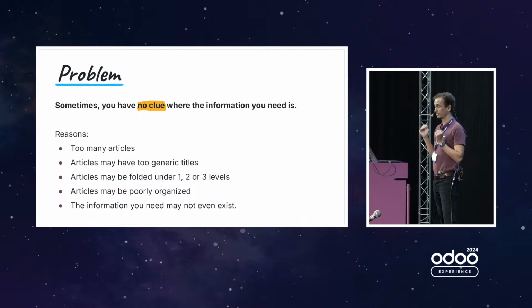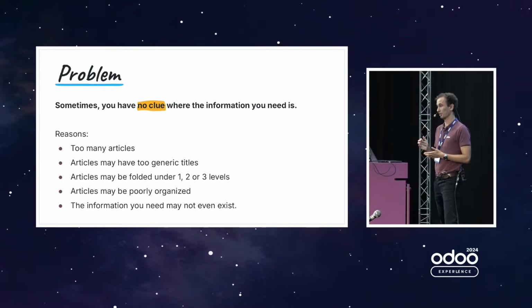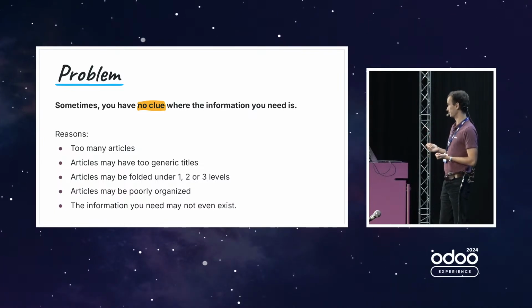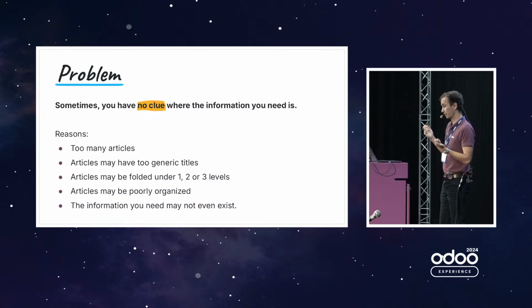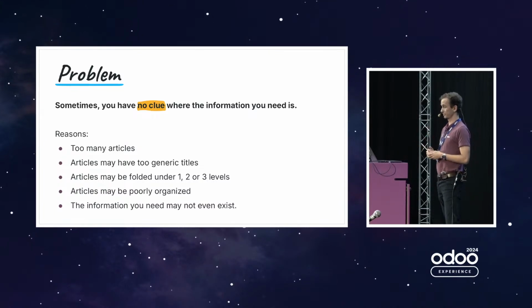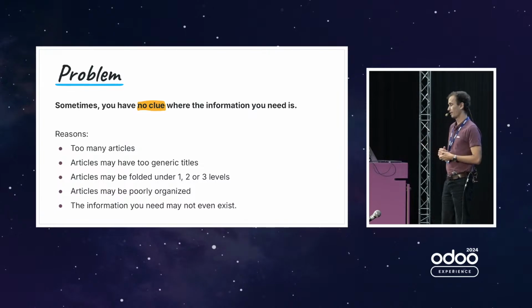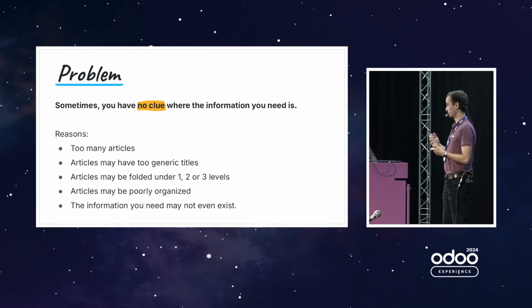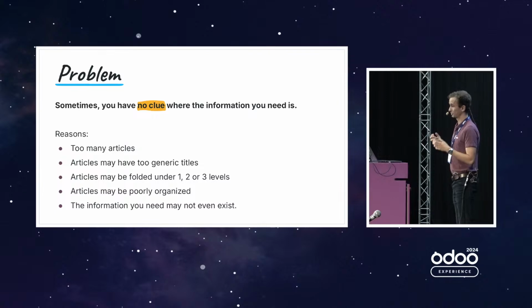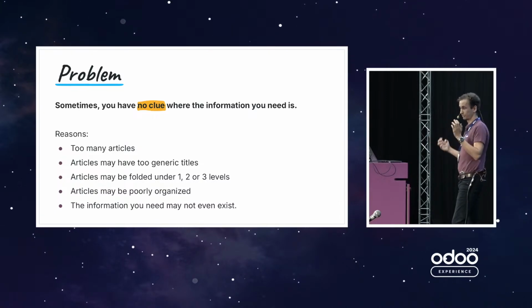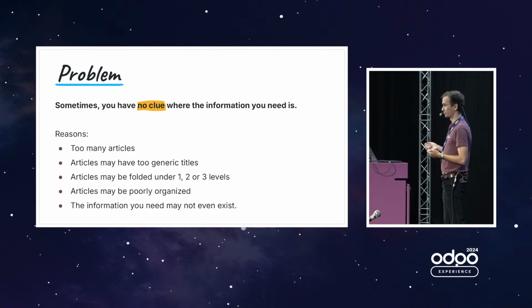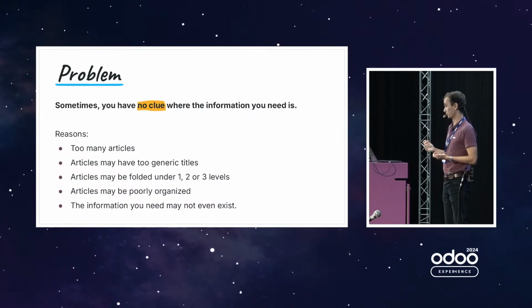This is something I noticed about Knowledge: sometimes you have no clue where the information you need is. And there are many reasons for that. The first one is that there are just too many articles. Sometimes the article names can be too generic. Sometimes it can be folded under different articles, so you have to click and unfold all possible articles to find what you want.